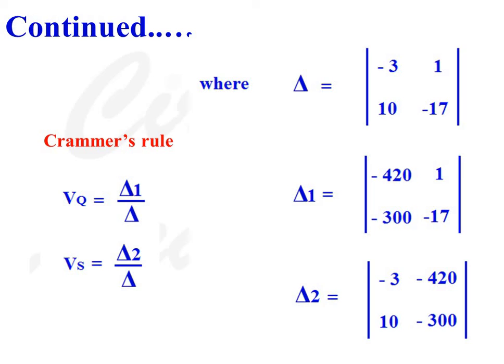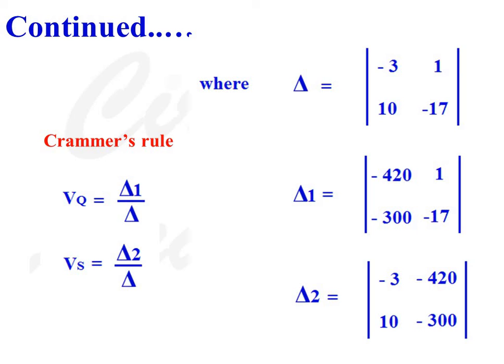According to Cramer's rule, we can write Vq is equal to delta 1 by delta and Vs is equal to delta 2 by delta, where delta is equal to determinant of minus 3, 1, 10, minus 17. Delta 1 is equal to determinant of minus 420, 1, minus 300, minus 17.